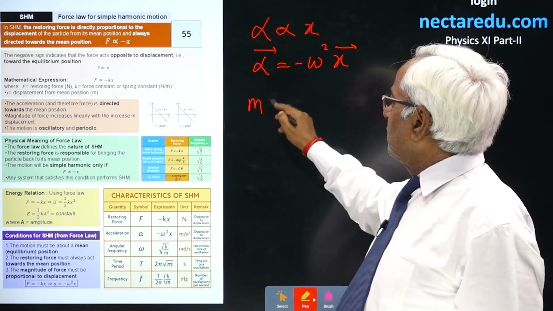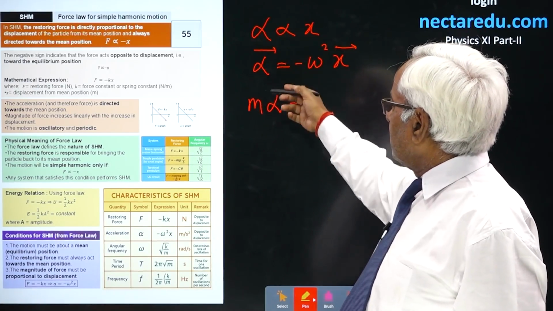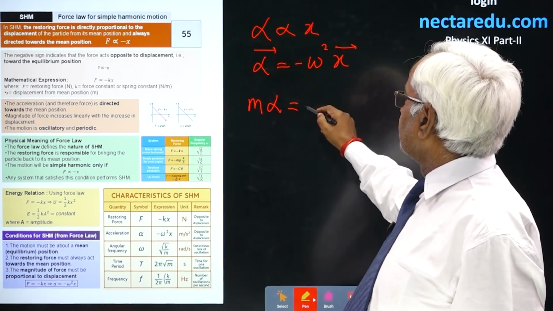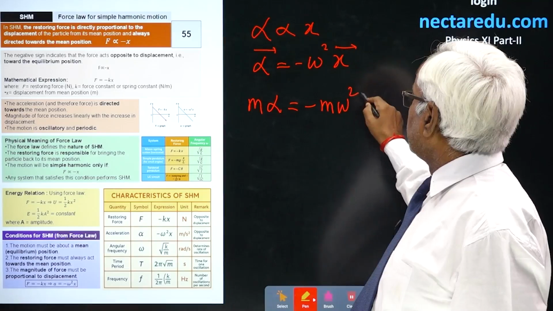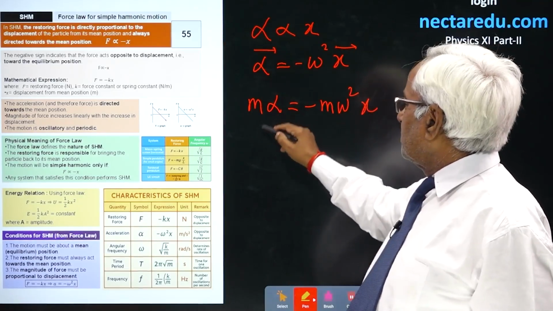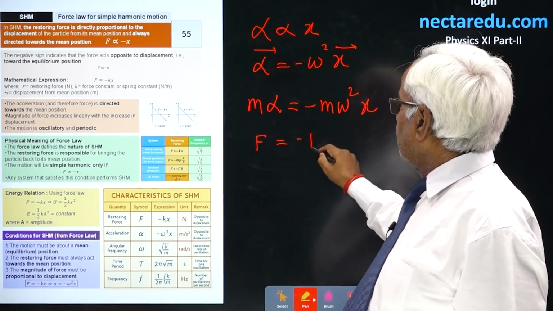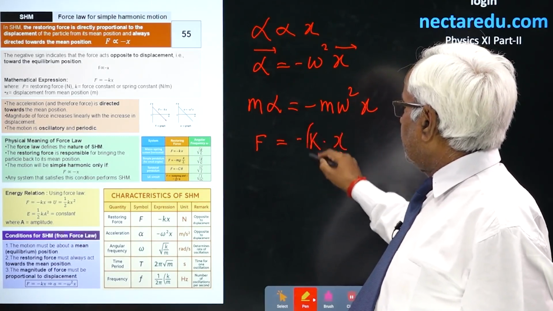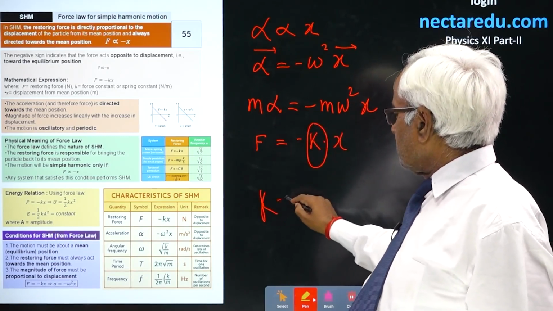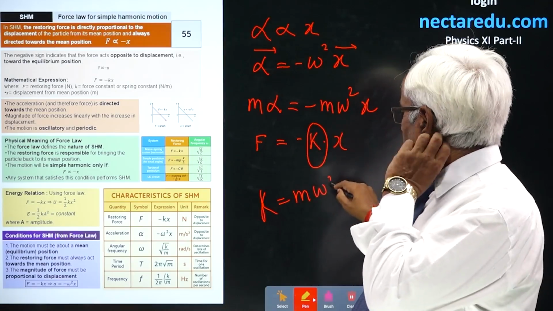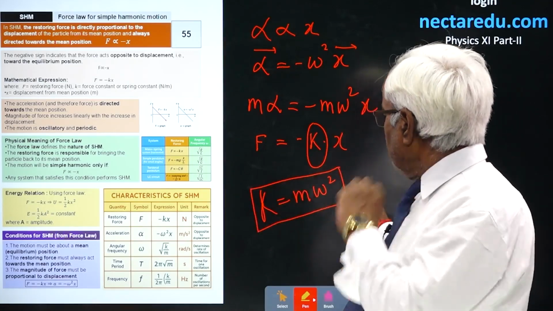If you write down the force associated with this acceleration, it's going to be m omega square x. This is force and this would be written as k, called force constant, k equals m omega square.